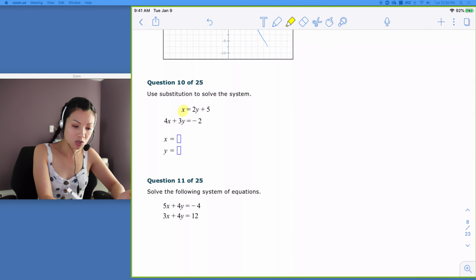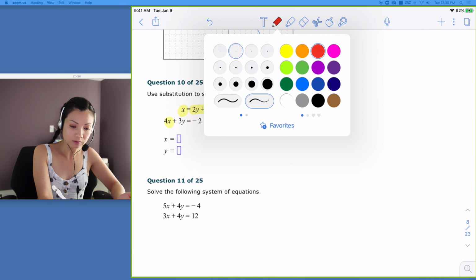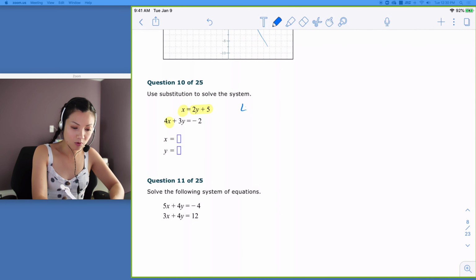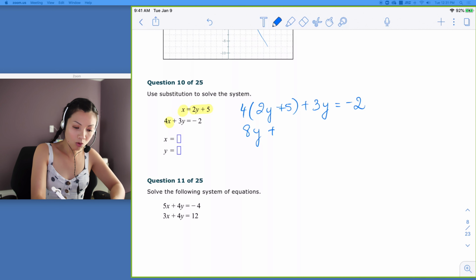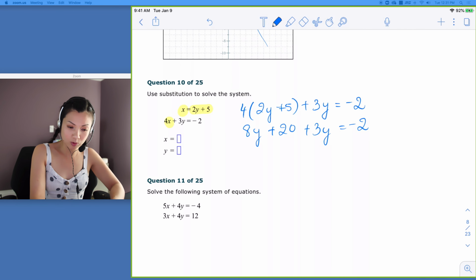So all I have to do is take this and plug it in here for x. So I have 4 times (2y + 5) plus 3y equals -2. The whole point is to get to only one variable, because with one variable, you can solve it with one equation. Two variables, you need two equations.